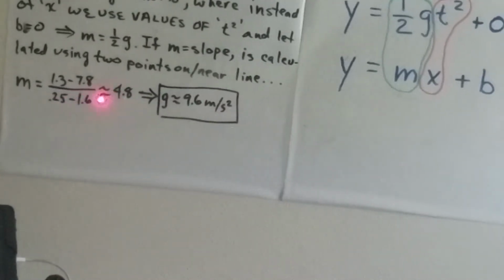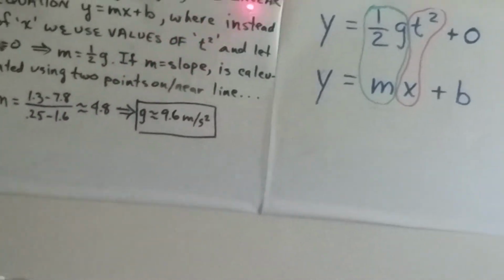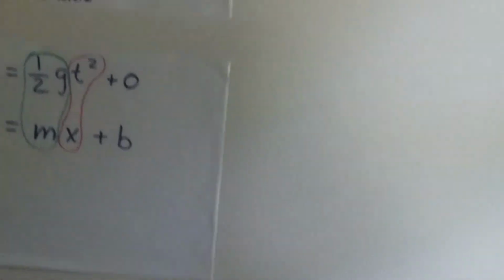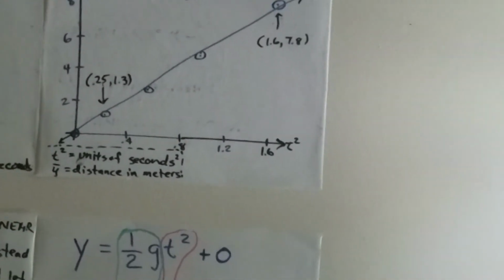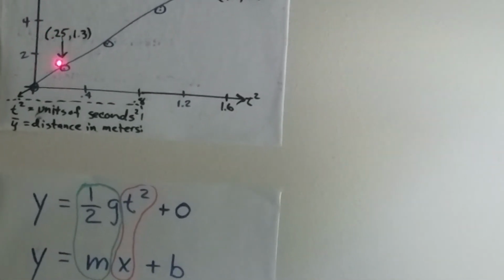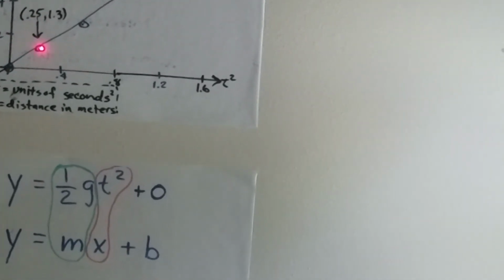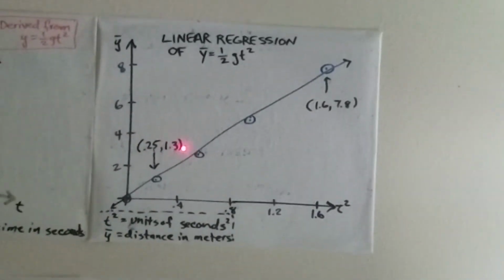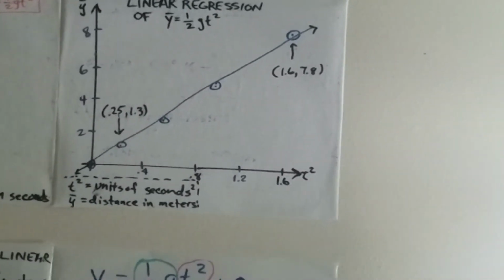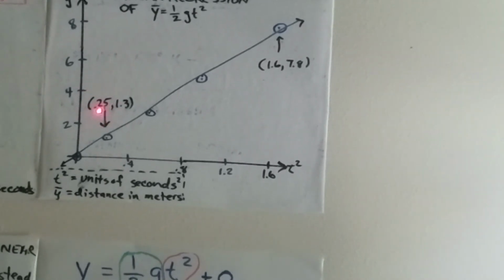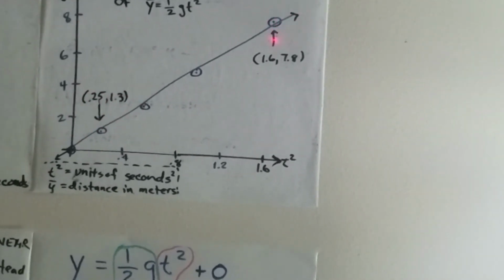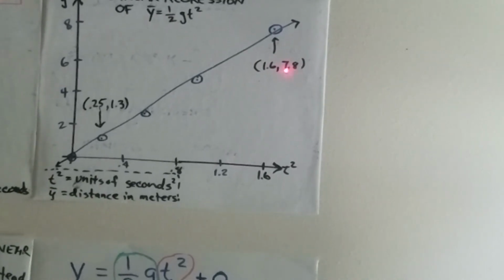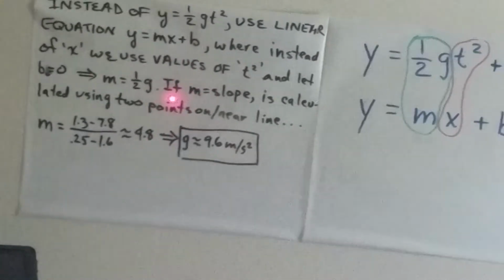So what I did was I picked off 2 points that were on, but not near, the line, hopefully on the line, but not too close to one another. And I used 0.25, 1.3, and 1.6, 7.8, and I used that in my calculation over here.